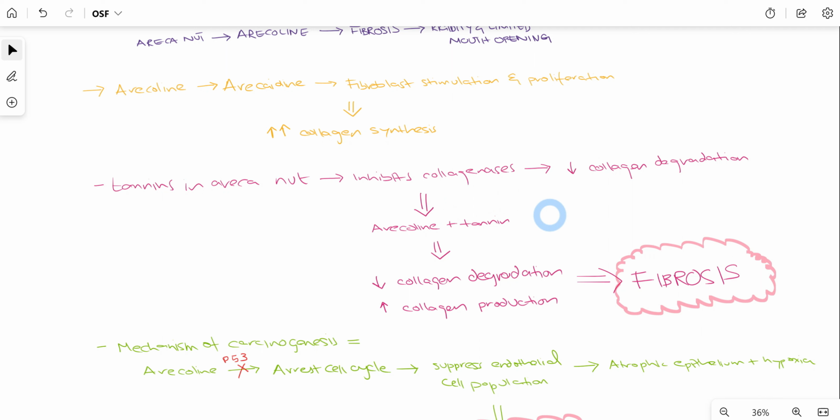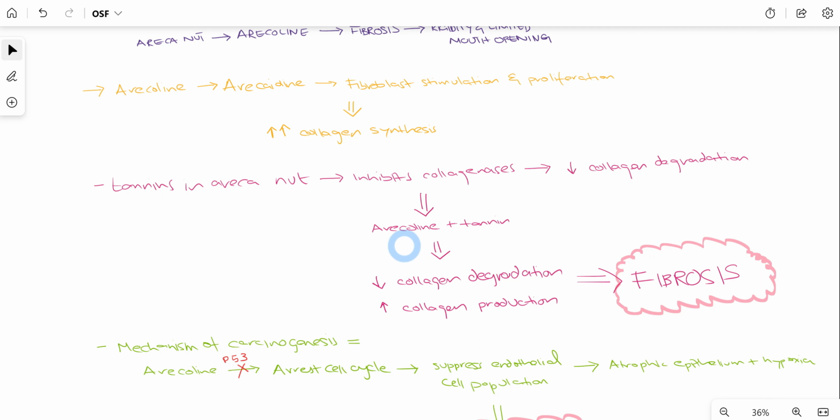Collagenases are those enzymes which are responsible for the degradation of collagen. But since these enzymes are inhibited, there is decreased collagen degradation, which leads to an increase in collagen, because normally collagen production and collagen degradation are balanced out. But in OSF, when the patient is consuming areca nut, there is a decrease in collagen degradation.